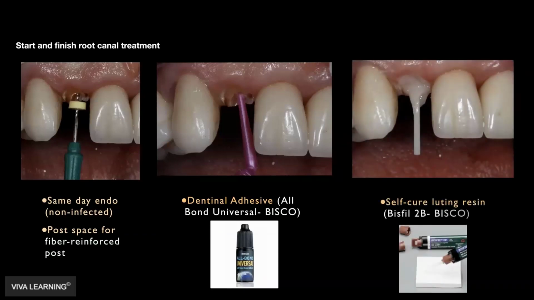And then I'm going to use a post. This post, I'm placing it in with a self-curing luting resin. Now, the thing is, I like using the same family of products. Why? Because when you're using the same family of products, you know the chemistry is going to work together.